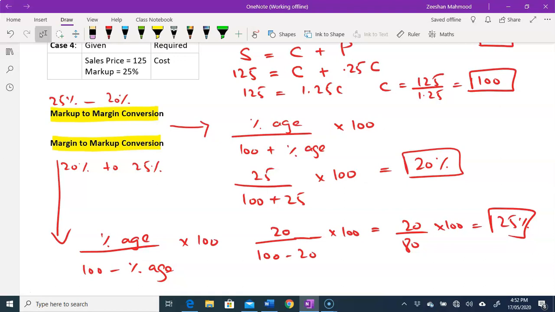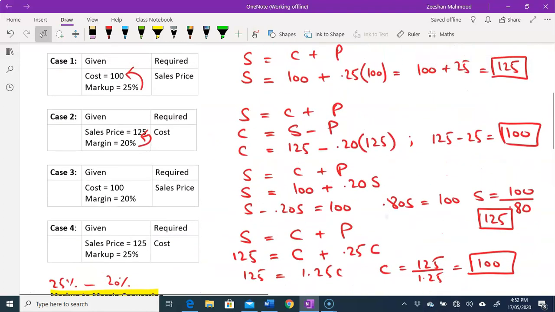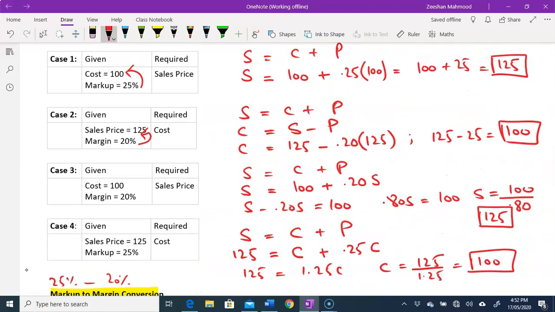And if we can make such conversions, then we can simplify our case 3 and case 4, because if I am given margin and I can convert it into markup, then I can simply apply that to the cost. And if I'm given markup and I can convert it into margin, then I can simply apply it to the selling price.